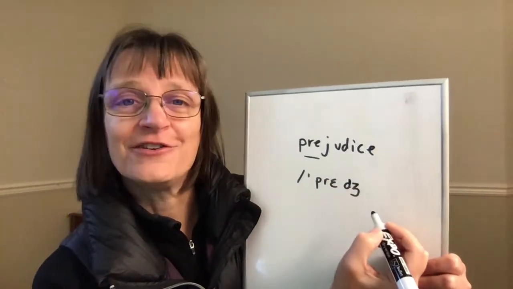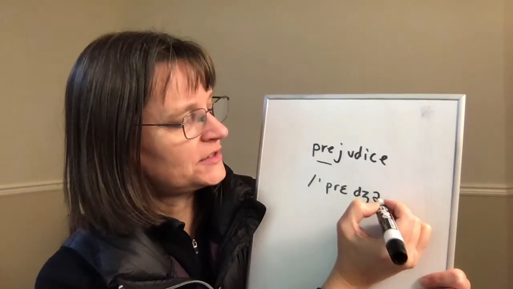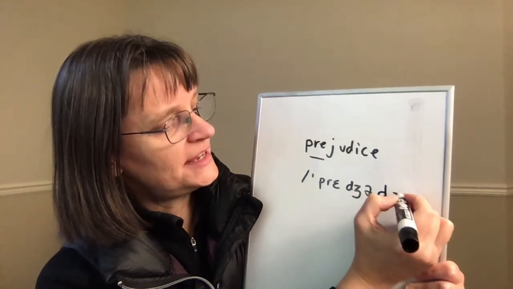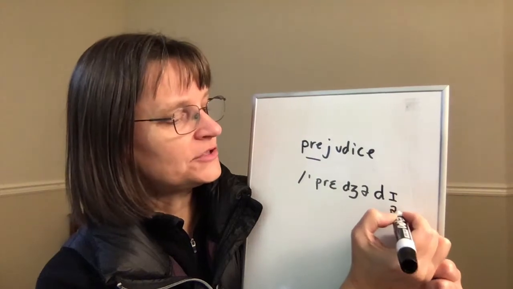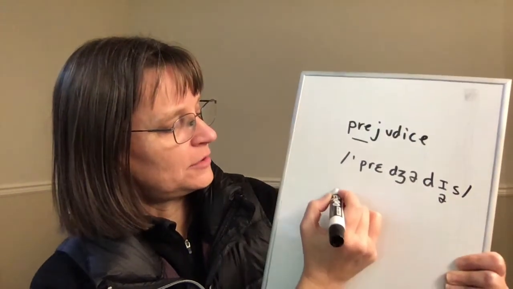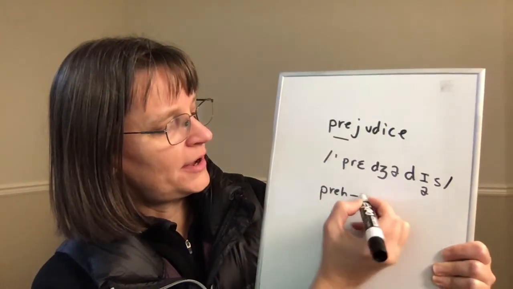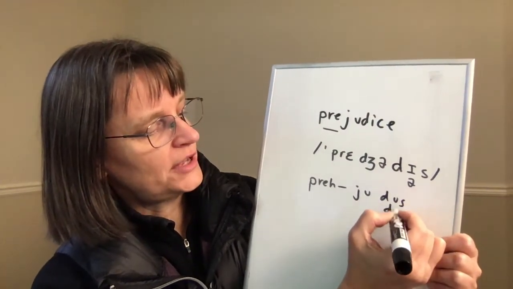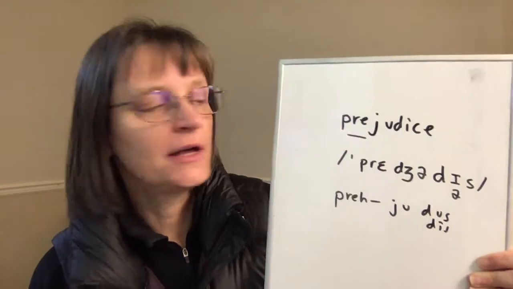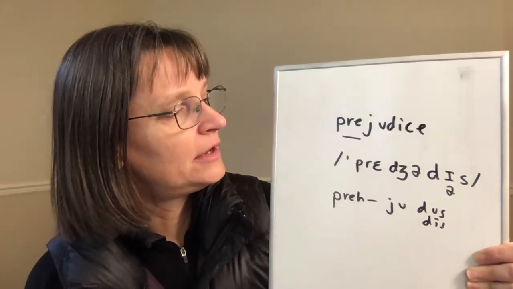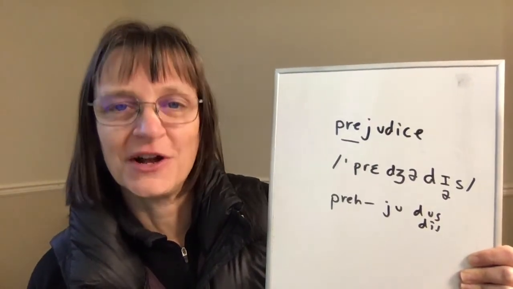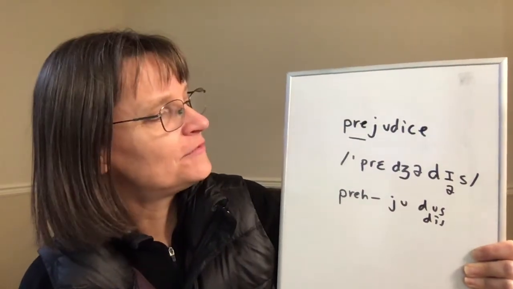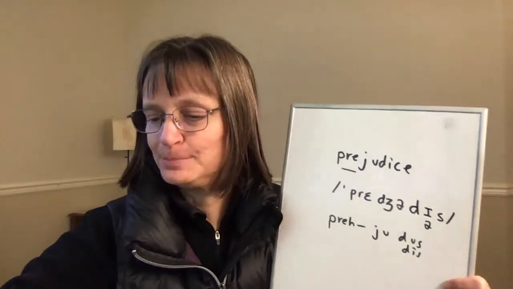And then this letter U says a schwa, unstressed. Or I would say either an I sound or an unstressed schwa there. So writing it out, prejudice or prejudice. We all need to examine our own prejudice and try to reduce it for better harmony among people.